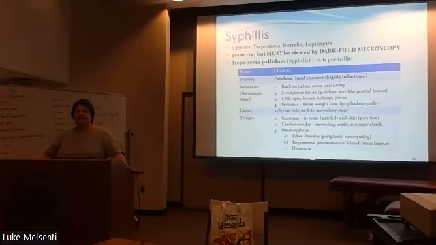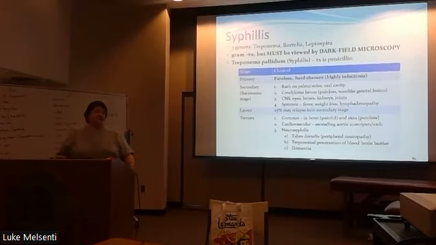Supposedly, he had syphilis. He suffered with chronic back pain. The bronze tan of his skin has been surmised to be because he actually had Addison's disease. Okay? Just little fun facts for your Jeopardy watching.